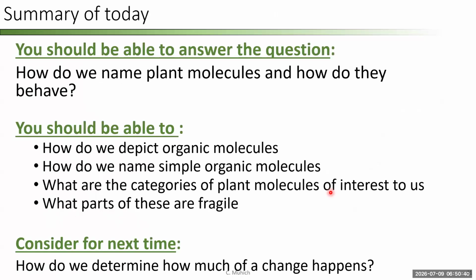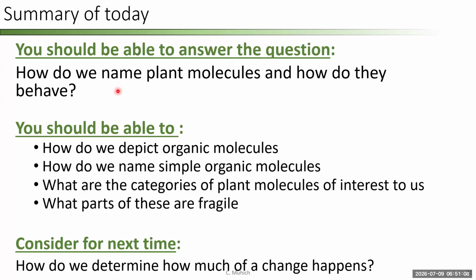All right. So by the end of today, you should have a good understanding of how we can name plant molecules and how they behave. I don't want you to memorize everything, but you should know that -ols mean alcohol, and what a terpene and a terpenoid are, because this will help you.